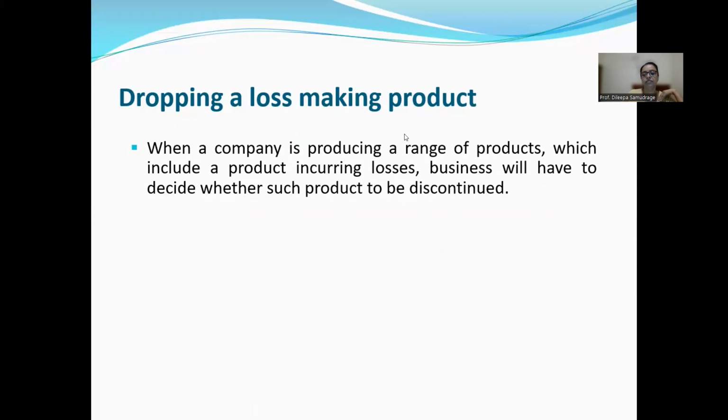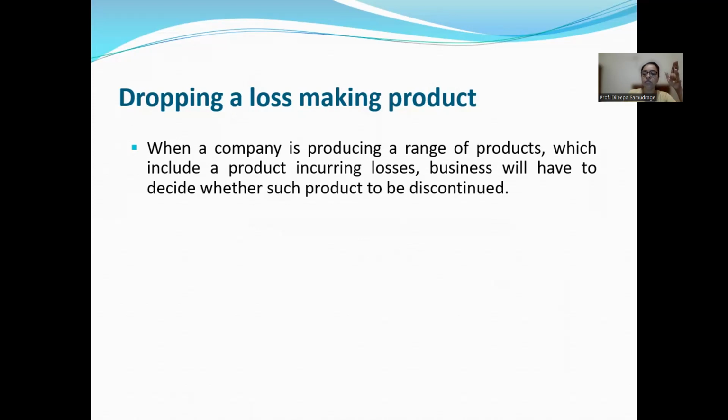Right? So for example, say you are producing 3 products, X, Y, Z. X is a loss-making product. Using CVP analysis, you have to decide whether this loss-making product should be stopped or not. Since it gives you a loss, you would think you have to stop it.